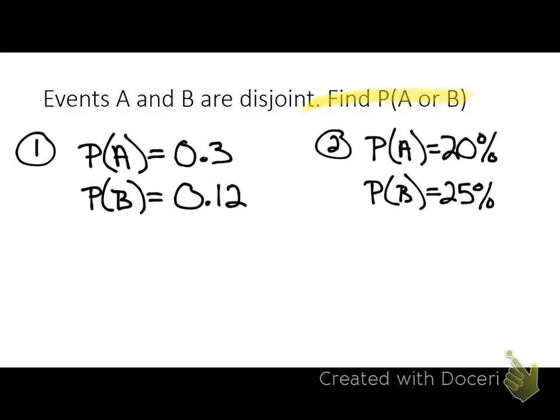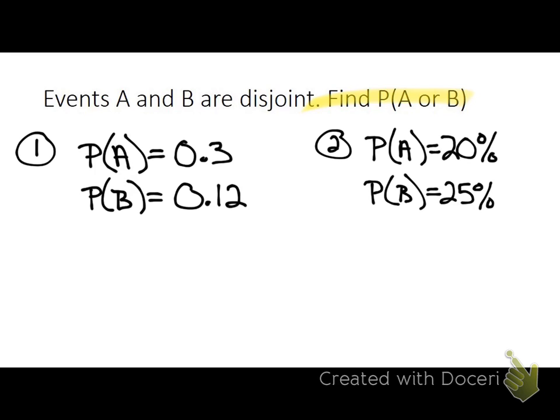Disjoint events, in order to calculate the probability of A or B, what do we have to do to those numbers? We add them together. Many people yesterday tried to subtract this from 1, but that's not what we're doing here, okay? So we'll talk more about that in a minute, but go ahead and calculate these disjoint events.